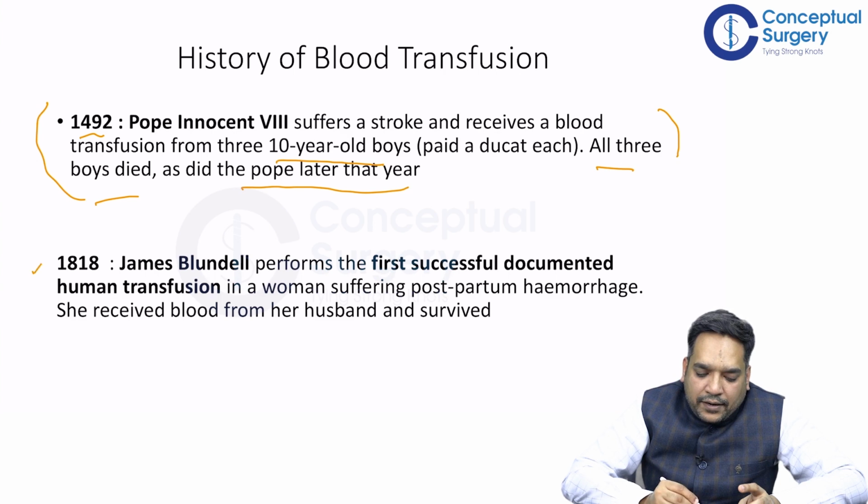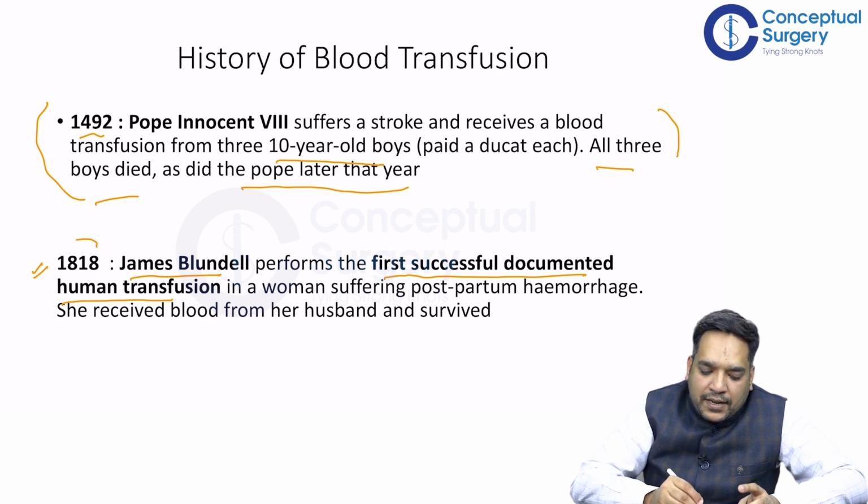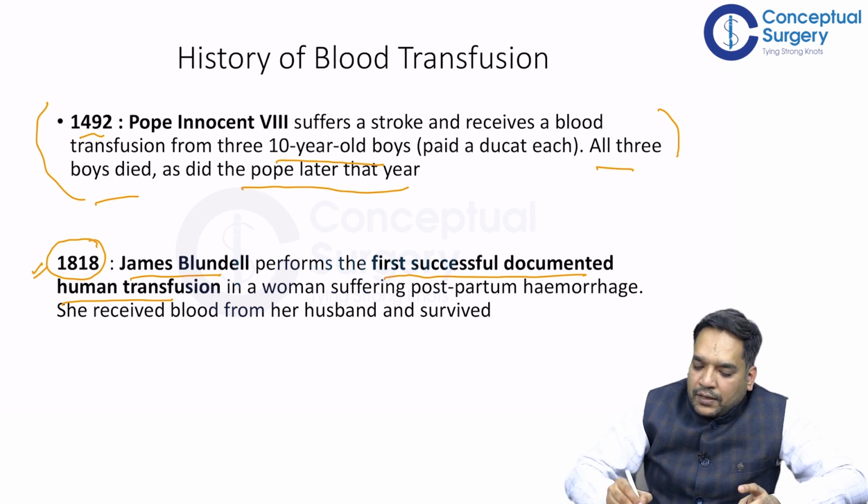And James Blundell performed the first successful documented human transfusion, right? This is very, very important. The first successful human transfusion was done in 1818. It was done in a woman suffering from PPH, and she received blood from her husband and survived.